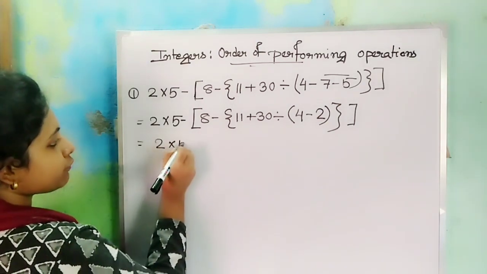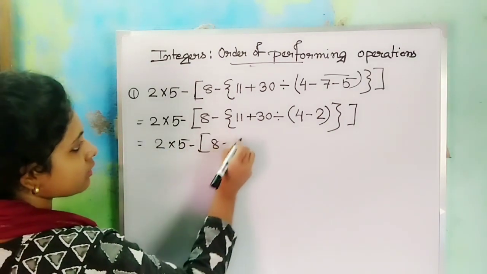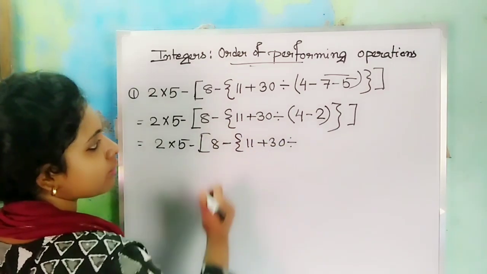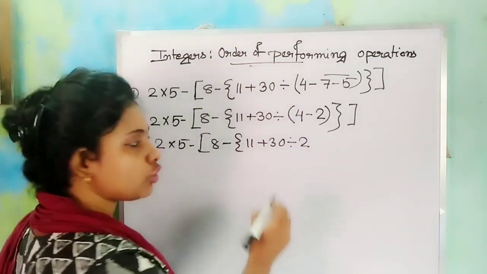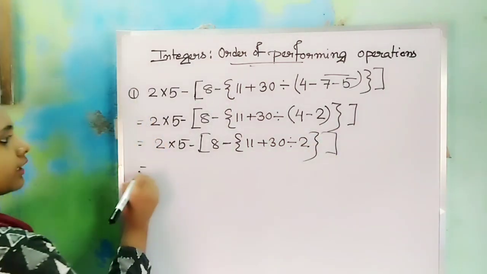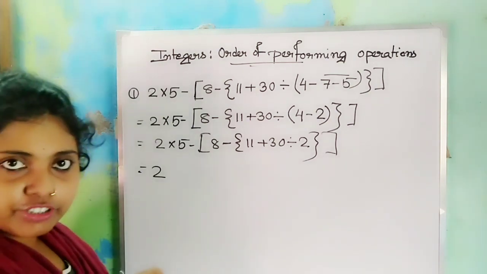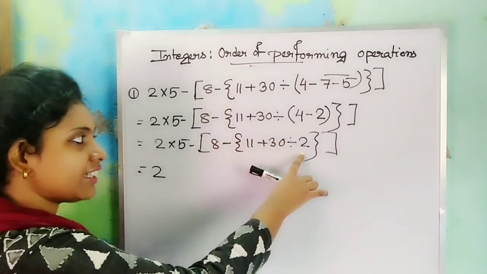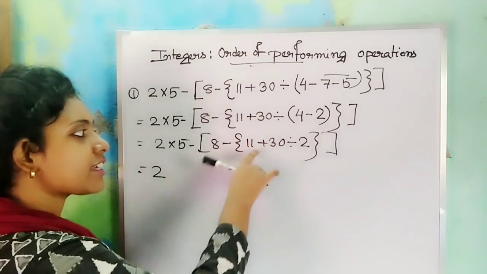So 2 into 5 minus, 8 minus, second bracket close, third bracket close. Next, we have to do the operation within the second bracket.